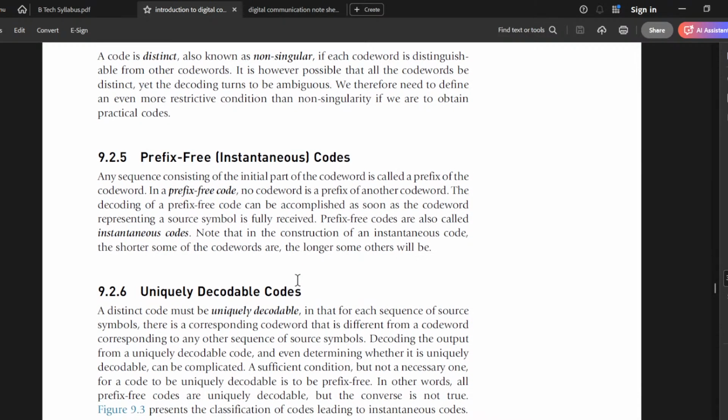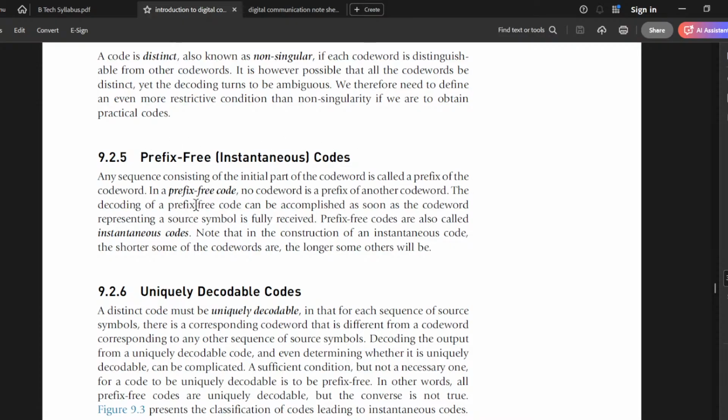The fifth type of code is prefix free, also called instantaneous code. Prefix means the starting part of a code word, and free means it does not exist. Any sequence consisting of the initial part of the code word is called a prefix of the code word. In a prefix code, no code word is a prefix of another code word.